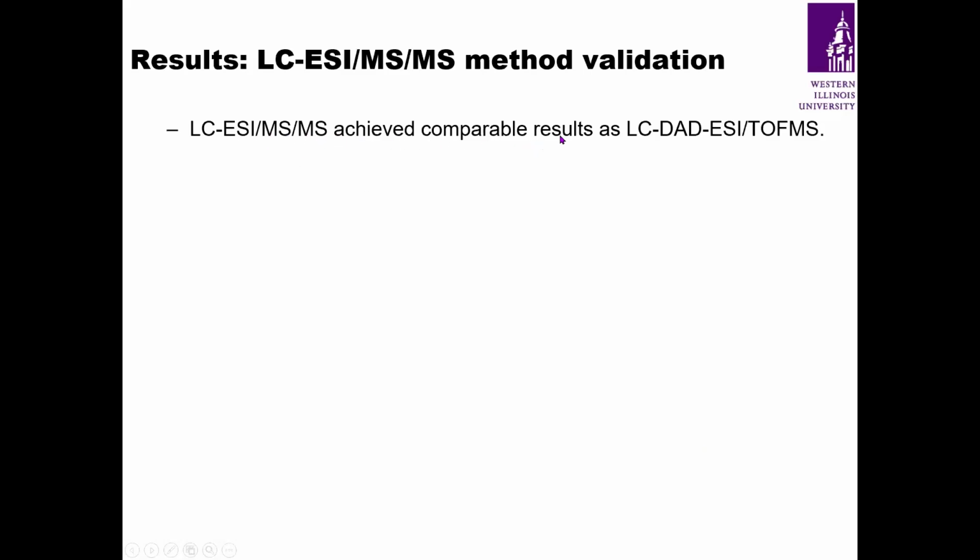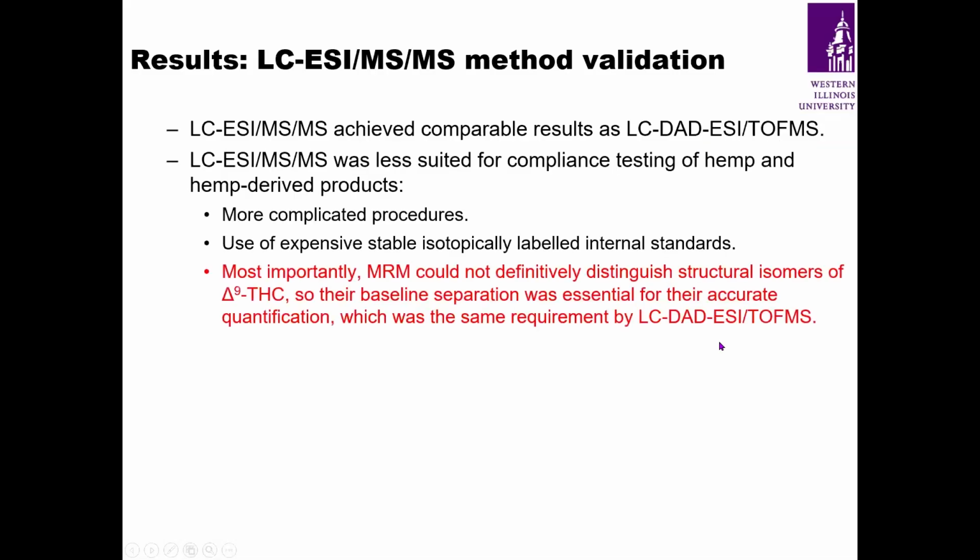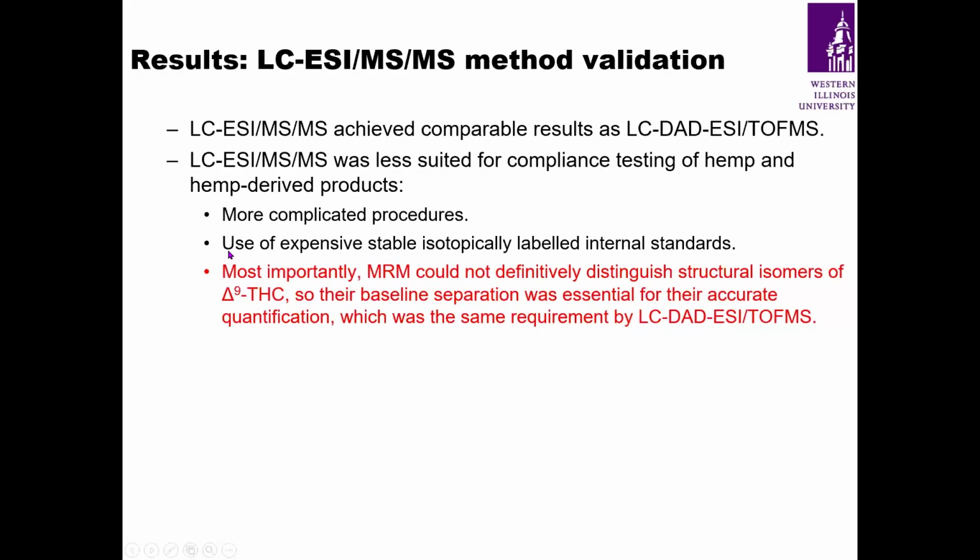Now, LC-ESI-MS achieved comparable results as LC-DAD-ESI TOF-MS. However, LC-ESI-MS was less suited for compliance testing of hemp and hemp-derived products. We give a few reasons over here. It was more complicated with the procedures, and it has to use expensive, stable isotope-labeled internal standards, and you cannot use all of them.